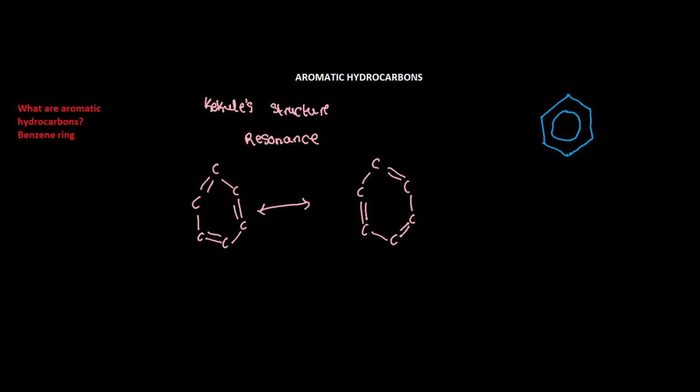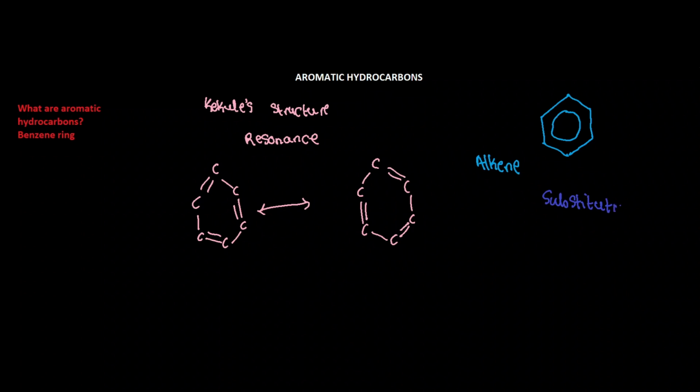I earlier stated that the benzene ring, although it has the same hybridization as the alkenes, does not behave like alkenes. Alkenes generally undergo addition reactions. Unlike alkenes, benzene actually tends to undergo substitution reactions.